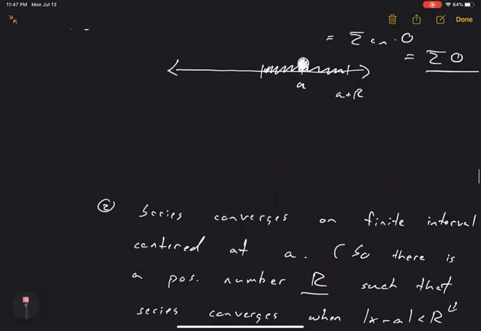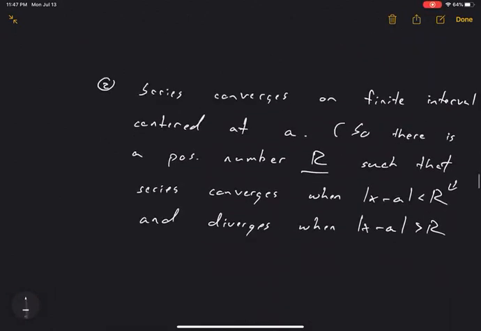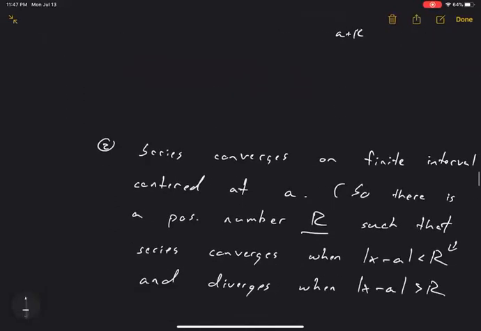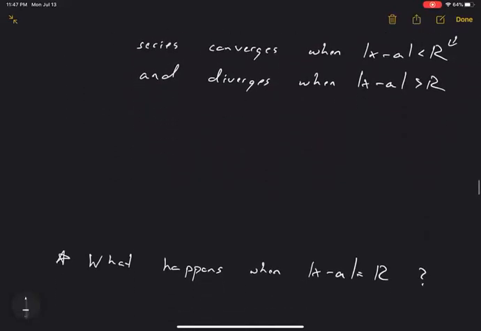What happens at these endpoints? Does the series converge at these endpoints, or does it diverge? Well, that's going to be a case-by-case basis. We're not going to say anything about it right now, but we're going to have to test those endpoints individually.